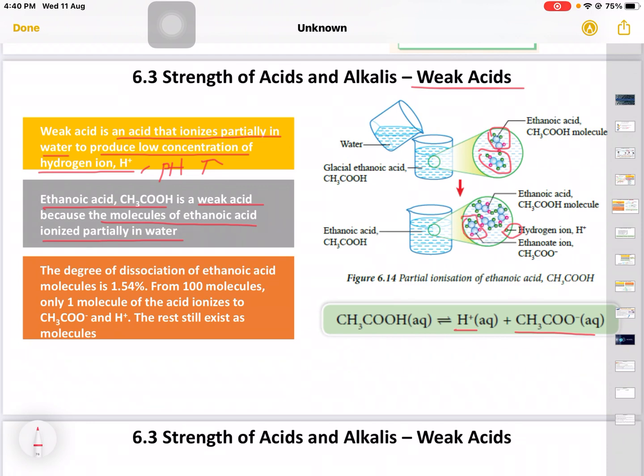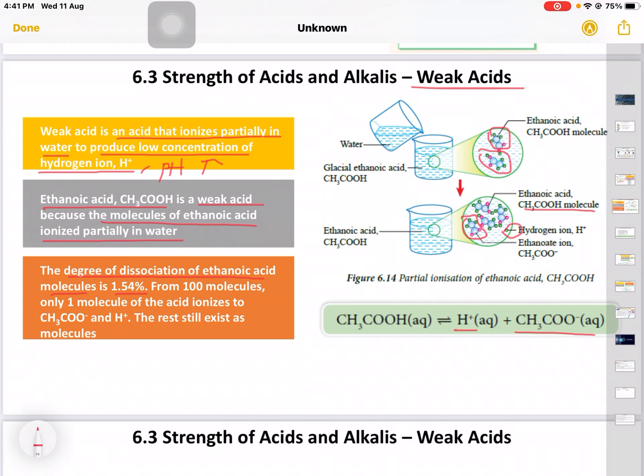But if you can see here, there are more ethanoic acid molecules. Lagi banyak ethanoic acid yang remain dalam bentuk molekul dibandingkan dengan ethanoic acid yang terion menjadi hydrogen ion dan ethanoate ion. This is because the degree of dissociation of ethanoic acid is around 1.14%.